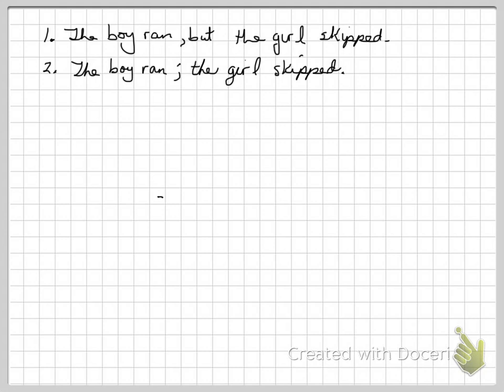Here are my two ways to combine two independent clauses to form a compound sentence. First is, the boy ran. Notice I have a coordinating conjunction, which you are to learn, the 7, and a comma. If I only had a coordinating conjunction without the comma, it would be marked wrong.